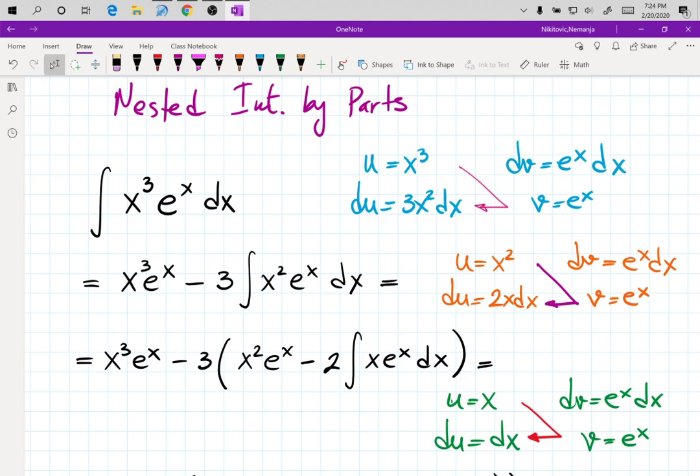Oh, and then there is this one. It says x to the 9 ln x. Do we panic? Yes.